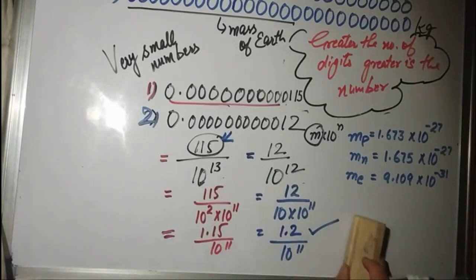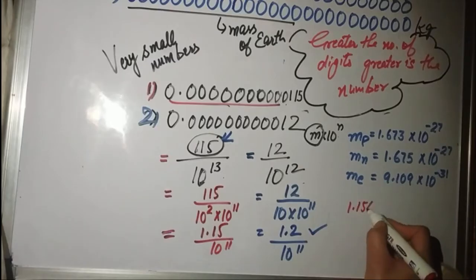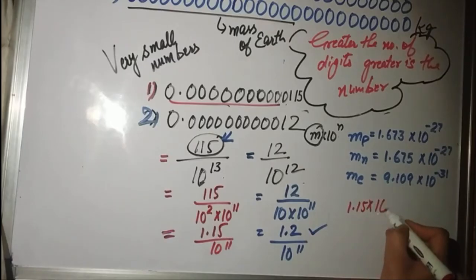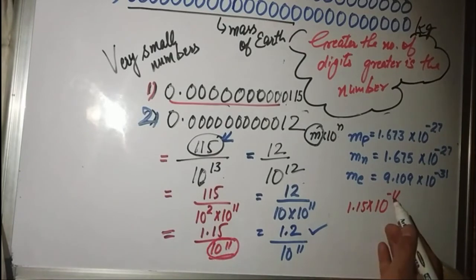Now this can further be written in one more simplified form: 1.15 into 10 raised to power minus 11. This is 10 raised to power 11, and when we bring this number to the numerator, its power becomes negative.